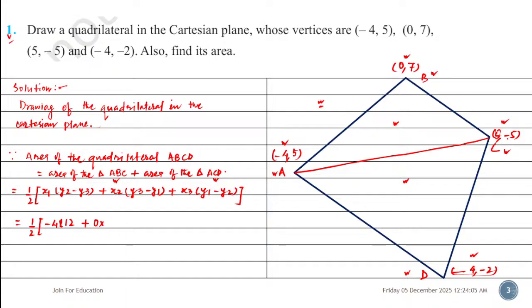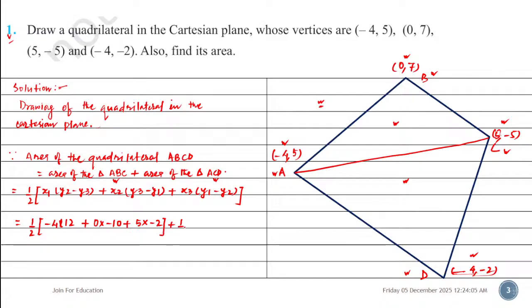So y3 is -5, y1 is 5, so -5 minus 5 equals -10. Plus x3, which is 5, into y1 minus y2, so 5 minus 7, which is -2. There is no problem to understand up to this step.